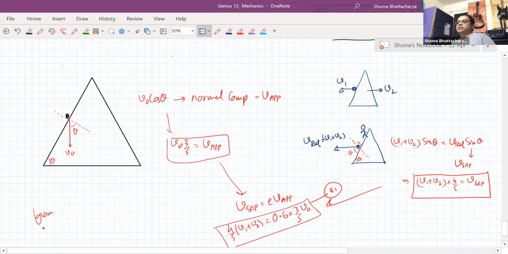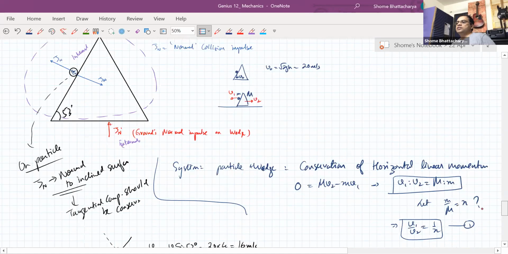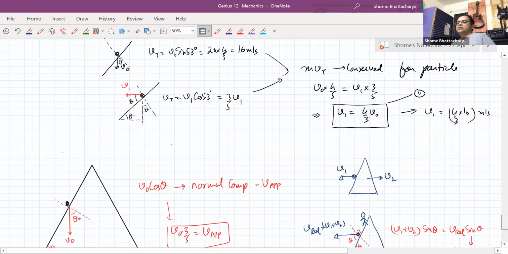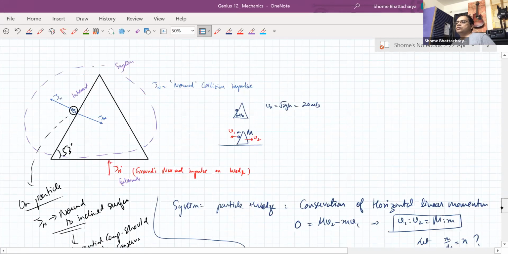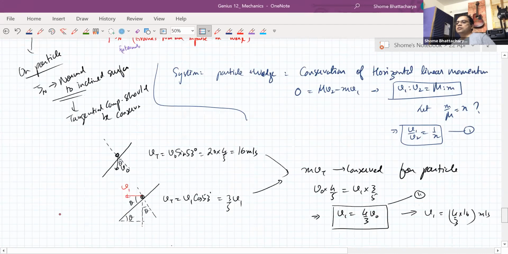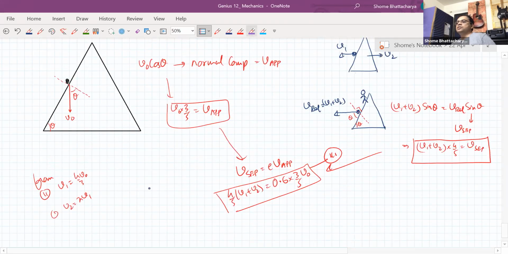Now we'll just carry these equations from before. V1 was coming out to be 4/3 V0, and we had V2 equal to x times V1. So we'll substitute this information here and hopefully that should give us what we're looking for.